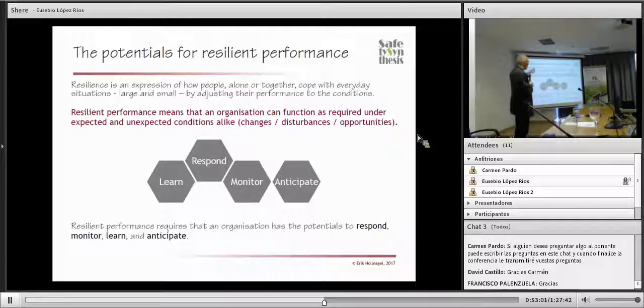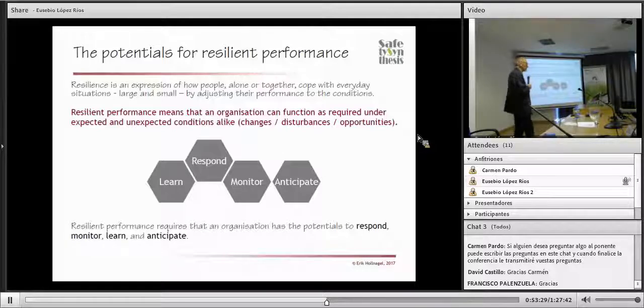The definition now is this: resilient performance means that an organization or a system can function as required, as it has to function, under expected and unexpected conditions alike. And the unexpected conditions are changes and disturbances, but there are also opportunities. It is important to be able to use opportunities.